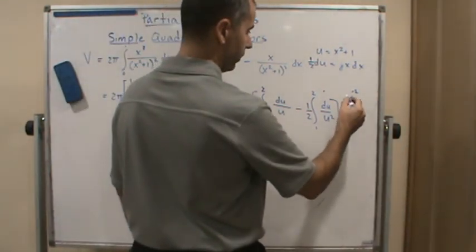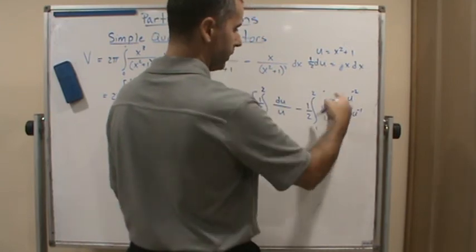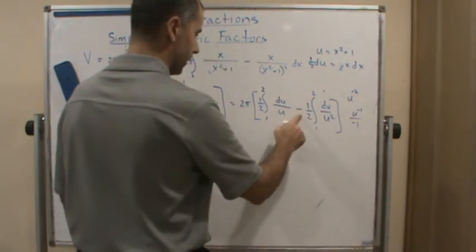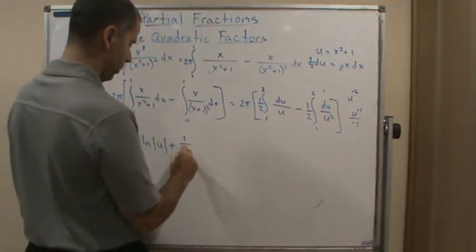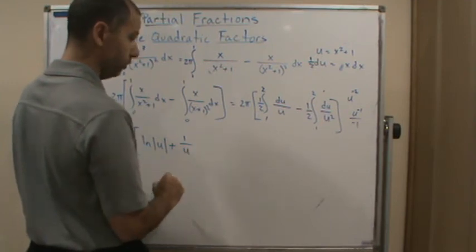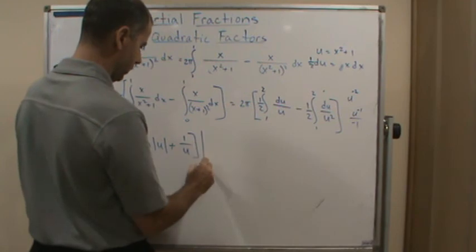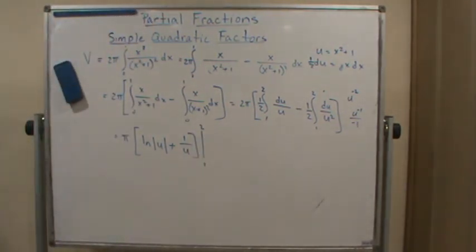Right? Because if you integrate this, you get u to the negative 1. You increase the power and then divide by negative 1, right? So that means we're just going to get plus 1 over u evaluated from 1 to 2, right?